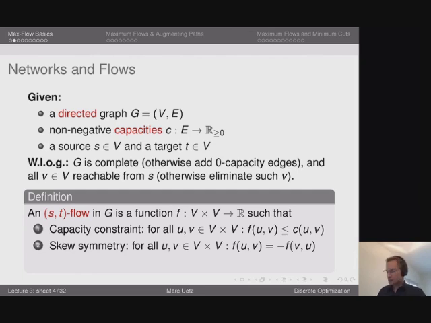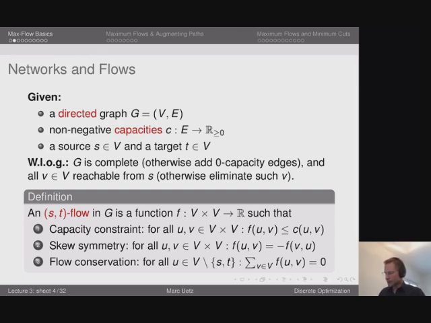And finally, we have a constraint which is called flow conservation. So flow conservation says the following: for all the vertices U other than the source and the target vertex, it is actually the case that this vertex U does not produce or consume anything. Most intuitively, that is saying that the positive flow going into a node must be equal to the positive flow going out of that node.